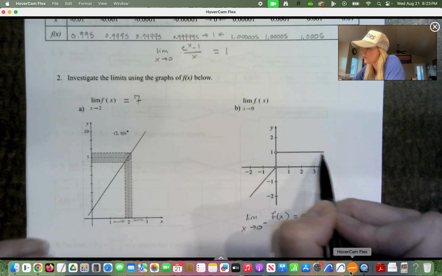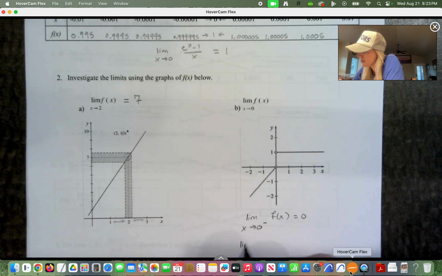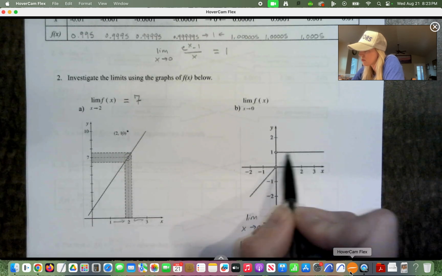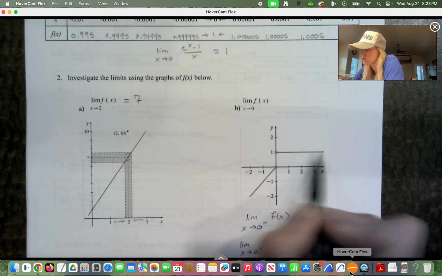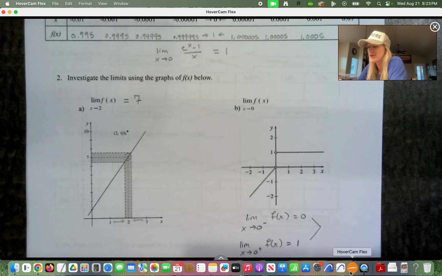That's okay. Now the right-handed limit: as I approach 0 from the right, the limit as x approaches 0 from the right of f of x, those y values are approaching 1, right? That whole time they're 1. So these are not equal to each other.